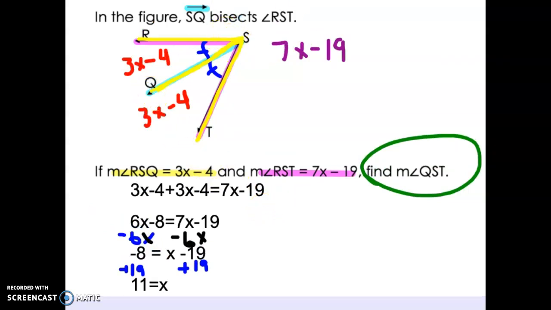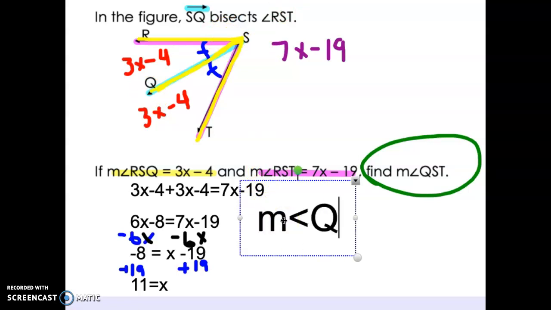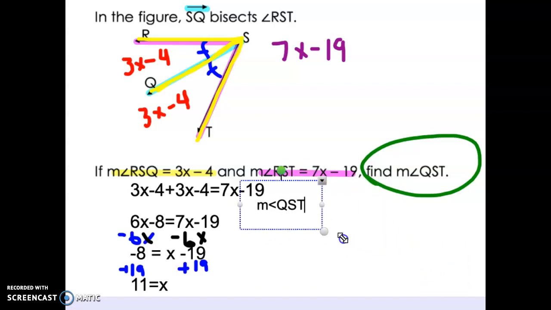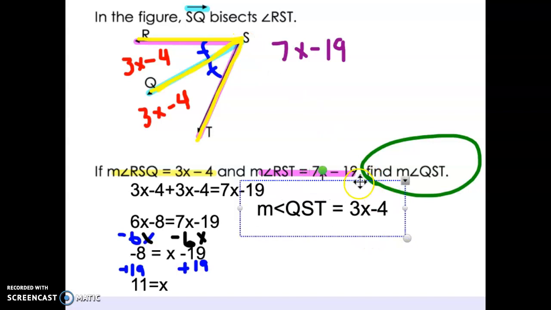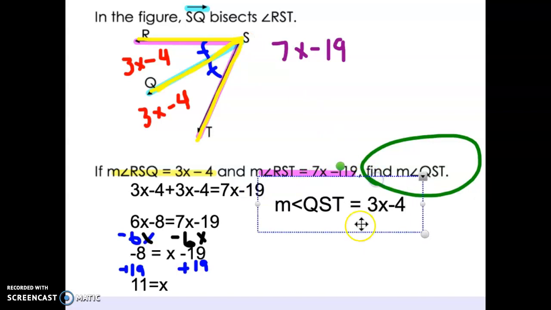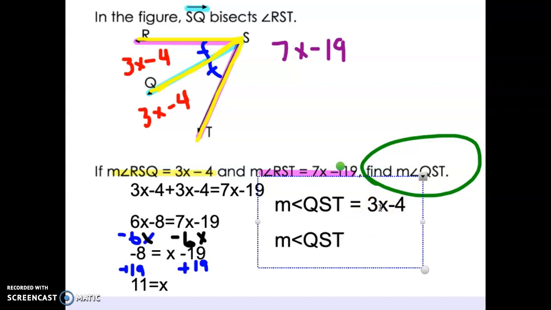So in our picture, we can see that the measure of angle QST is equal to 3x minus 4 because we know that ray SQ is a bisector. But now we actually know what x is. We solved and we figured out that x is 11. So everywhere we see an x in that equation, we can replace it with an 11.